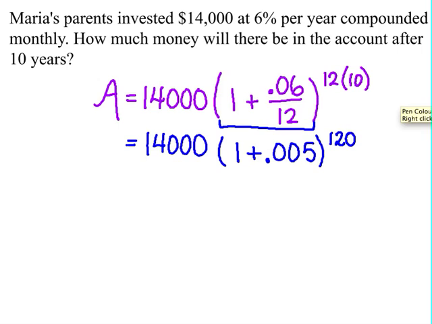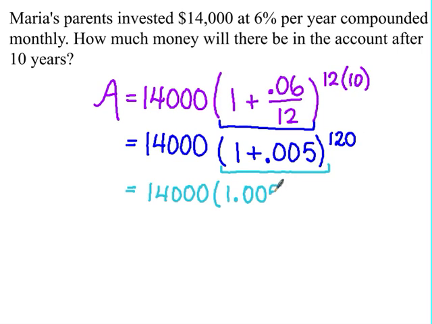Good. So then, just as we did in the previous problem, I'm going to do 1 plus 0.005. So if I take 1 plus 0.005, I get 1.005 to the 120th. Now this is just like the problems we've done before. I need you to calculate this first, and then take your answer times 14,000.